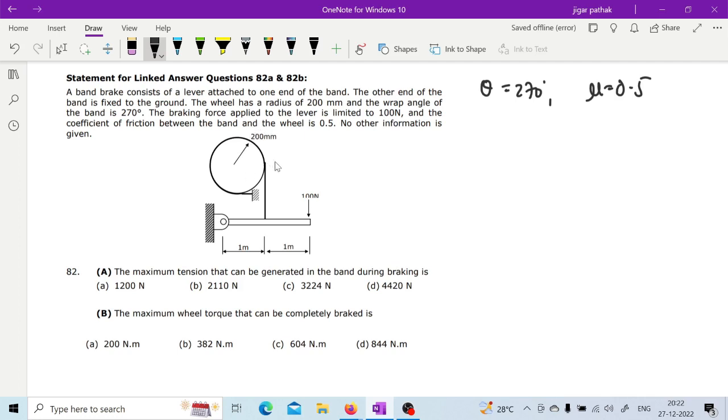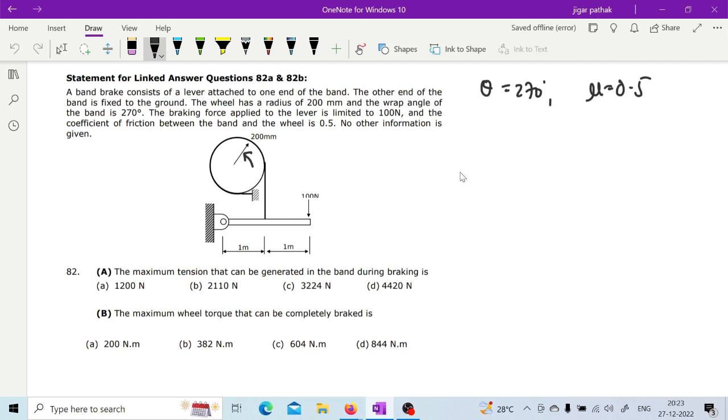So in that case, what you can do is assume that it is moving in this direction only. So sir, the answer can be either 18.95 or 2110. So 2110 is the correct answer, right?